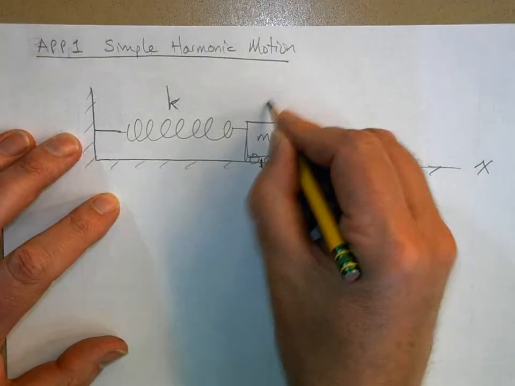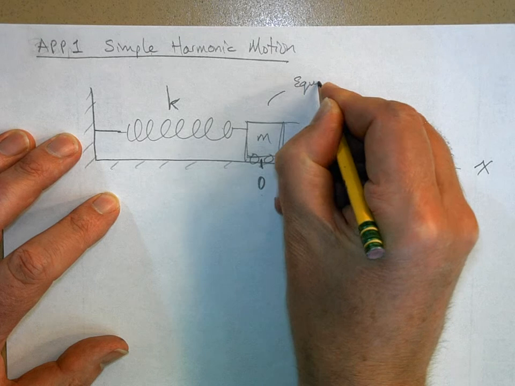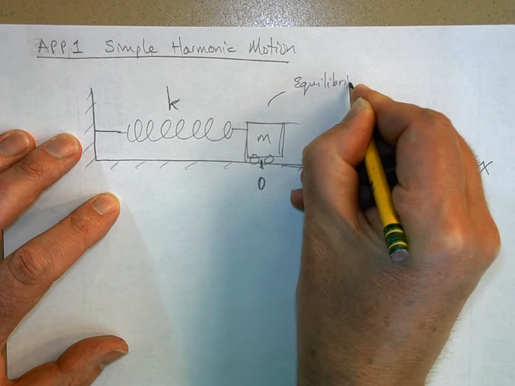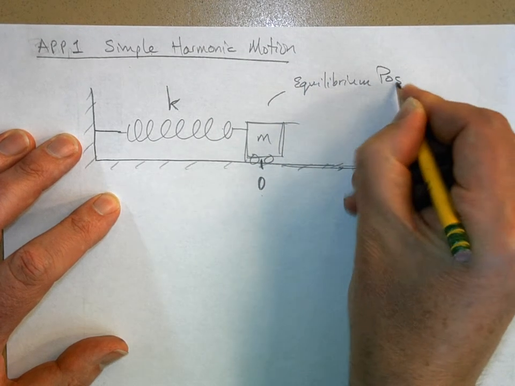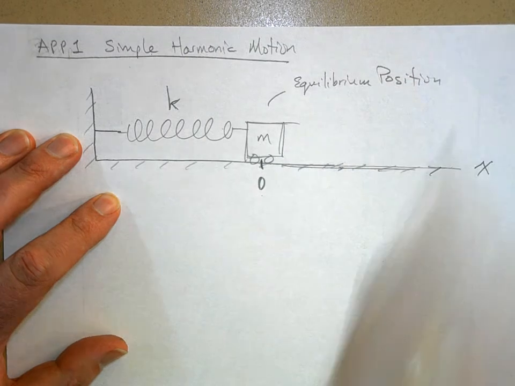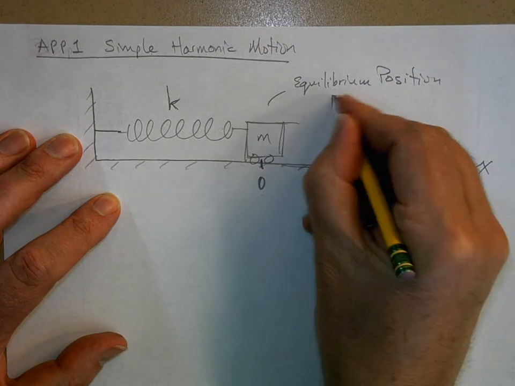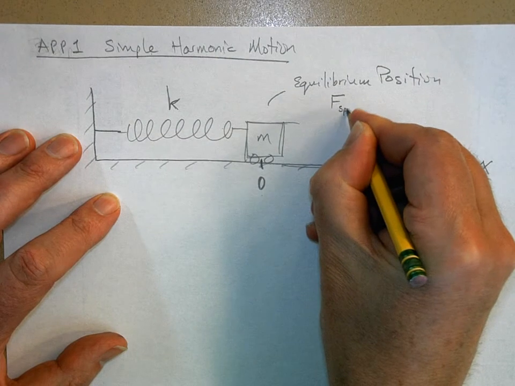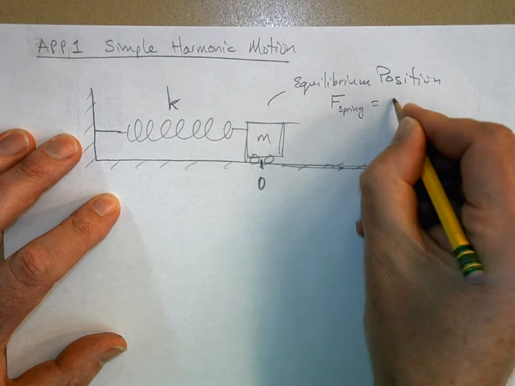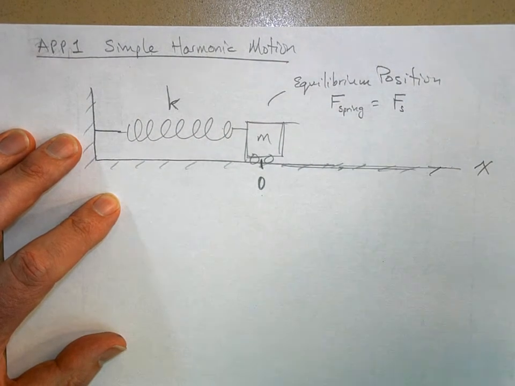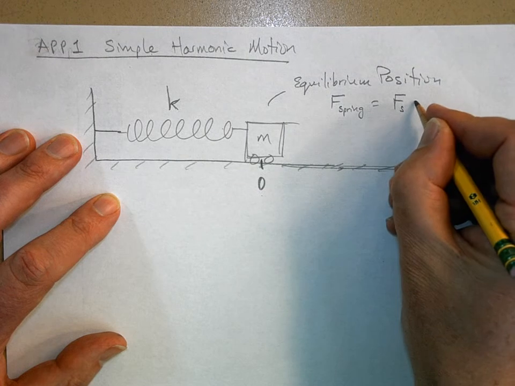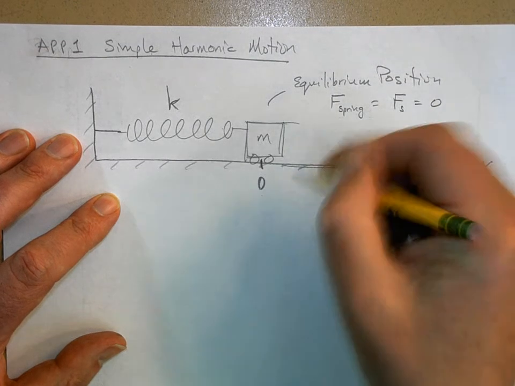And the equilibrium position, what does that mean? Well, it means that the force of the spring, which I'm just going to call F sub S, I don't want to write the whole word spring out, is equal to 0 at the equilibrium position.